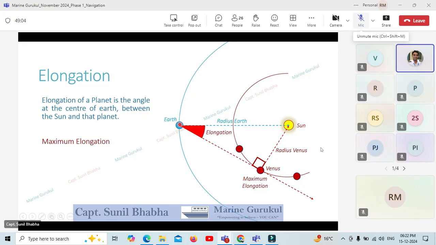So opposition and quadrature can only be attained by exterior planets whose radius is greater than the radius of the earth. And inferior planets like Mercury and Venus, whose radius is less than the radius of the earth, can never be in quadrature and in opposition.